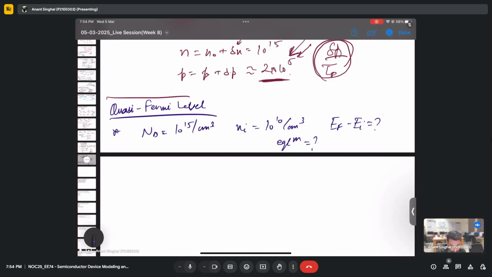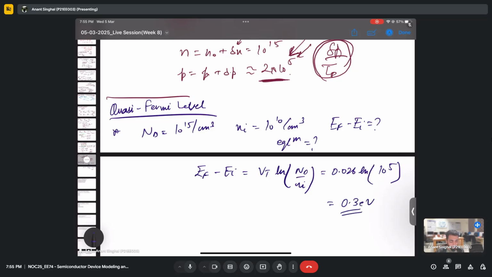Very straightforward: kT by q times ln of Nd divided by ni. It will be 0.026 ln of 10 to the power 5, which comes out to around 0.3 electron volts.